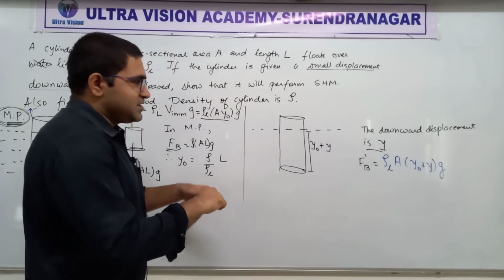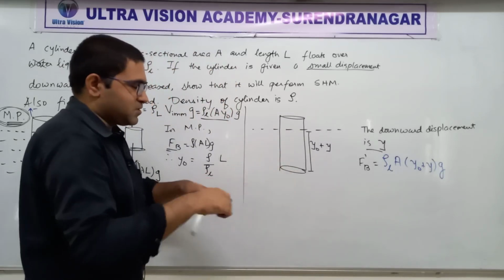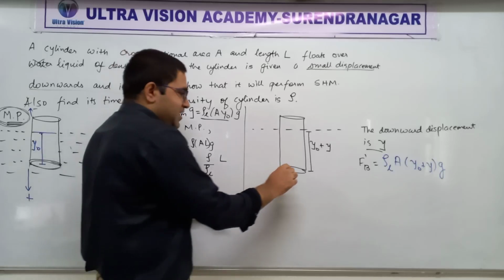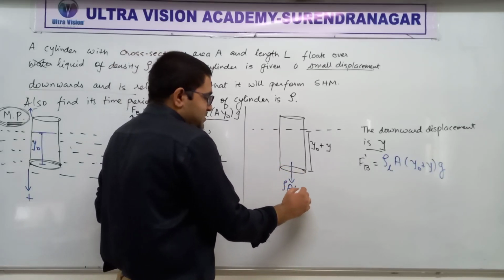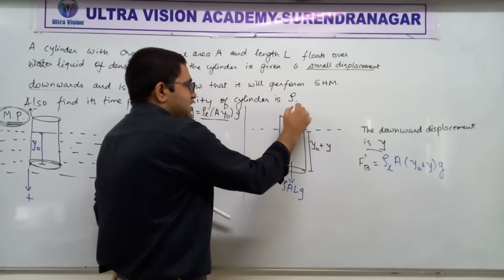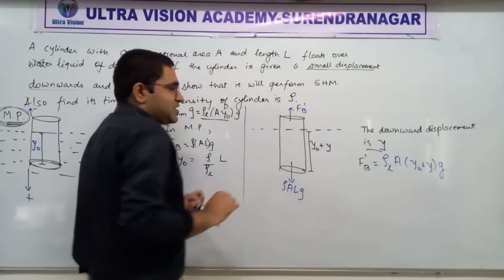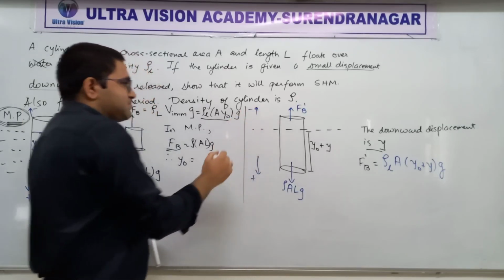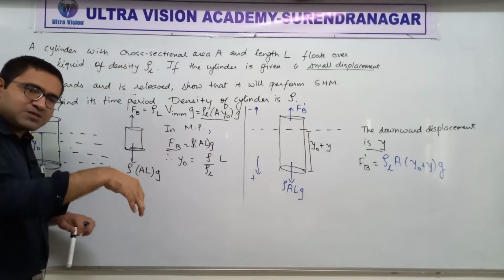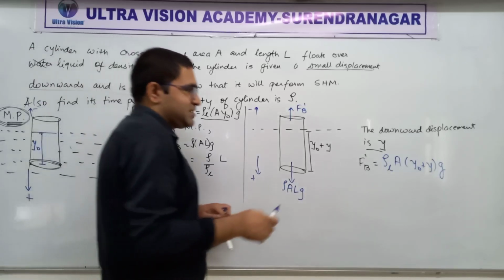So first of all, FBD in this position. It's very easy, of course, downward mg, no change in mass, so no change in mg, but now this is FB dash. Again we have taken downwards positive. Why? Because we displaced this downward, we pushed it inside, so generally it's easier to take that side as positive.